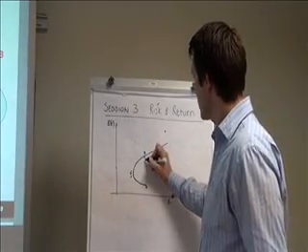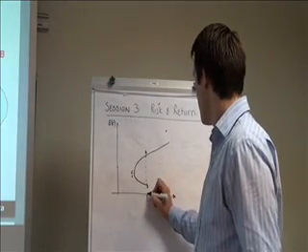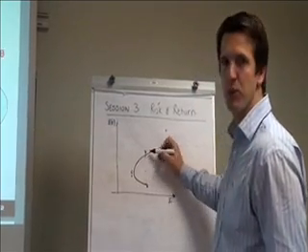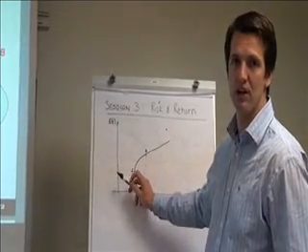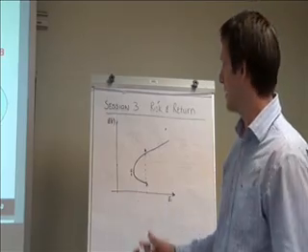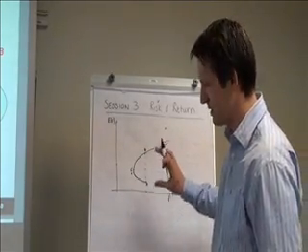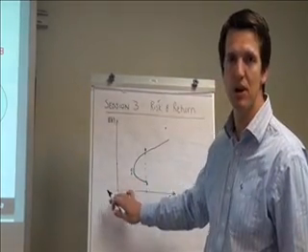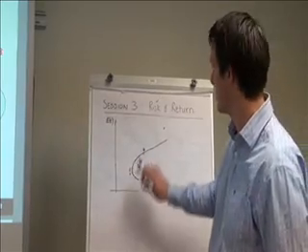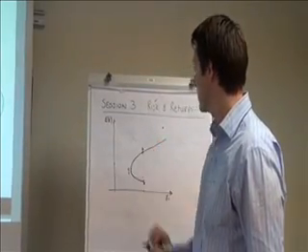If we compare points A and D, you'll notice point A has an equivalent risk to point D, but A's return is a lot lower. So logically, which asset would you prefer to have? One that had volatility of say 15% but gave you a 5% return, or one that had a volatility of 15% but gave you a 20% return? It's pretty simple. So D would be the preferred point.